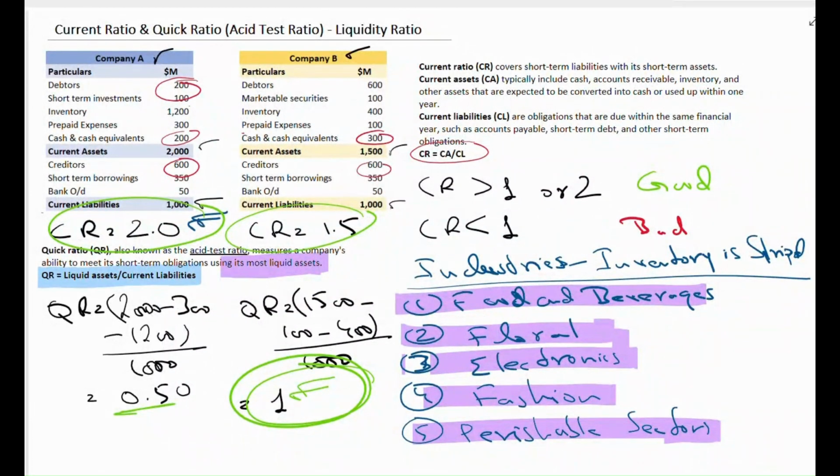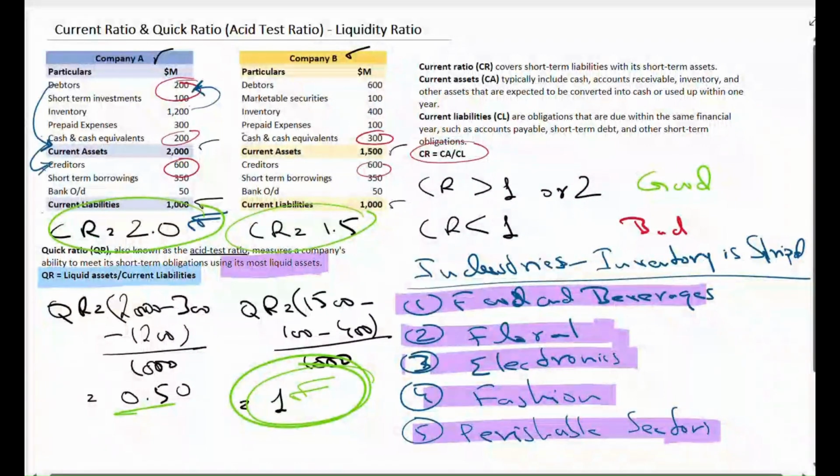So what they need to do is somehow sell their inventory. Then it will convert into debtors. Now debtors will take their 60 days, 90 days credit terms, and then they will pay and it will generate cash. Then that cash will be used to pay my creditors. So a lot of time it will take, from inventory to debtors to cash, and then cash will be used for paying off creditors.